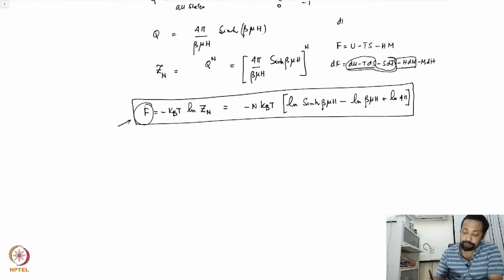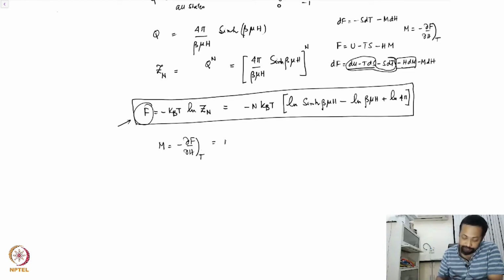So what you are left with is minus S dT minus m dh. And it follows, therefore, that the magnetization m is minus del F del h at constant temperature, and this is the equation of state.